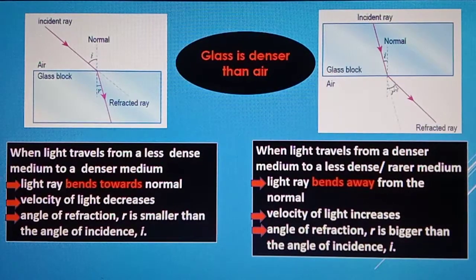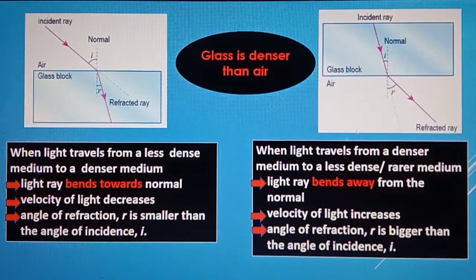So when light travels from a denser medium to a less dense or rarer medium, the light ray bends away from the normal. This is caused by the velocity of light increasing, and this causes the angle of refraction R to be bigger than the angle of incidence I. So you can see here R is bigger than I.